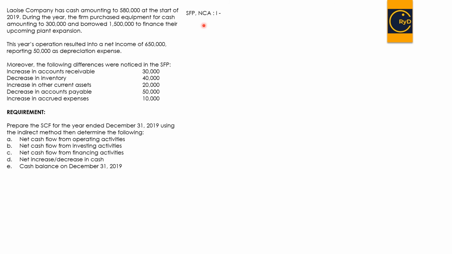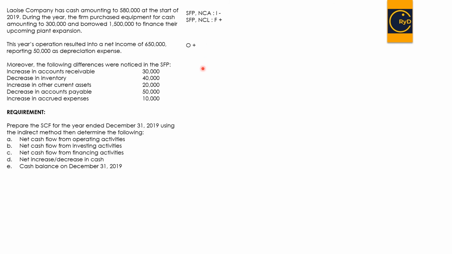Since this is a purchase, this is a deduction to our investing activity. Then we have our borrowings. So we have a non-current liability in addition to our financing activity. Then next we have our depreciation. Again, we consider this is a non-cash activity. We will add this to our net income under the operating activity.